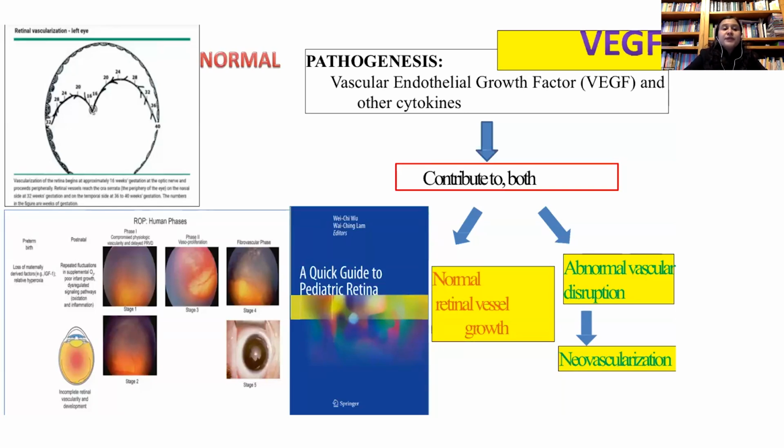In preterm birth, there is initial relative hyperoxia, and later, because of repeated fluctuations of supplemental oxygen, there is a dysregulated signaling pathway which leads to phase 1 of ROP, where there is compromised physiologic vascularity, then phase 2 where there is vasoproliferation, and ultimately a fibrovascular phase.